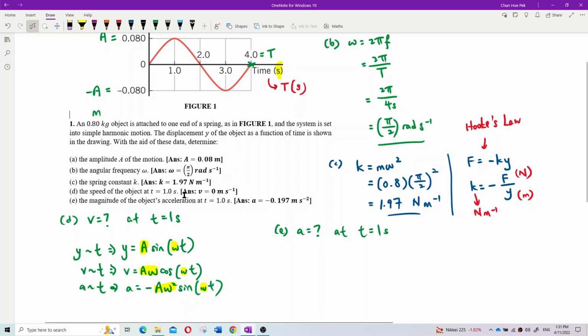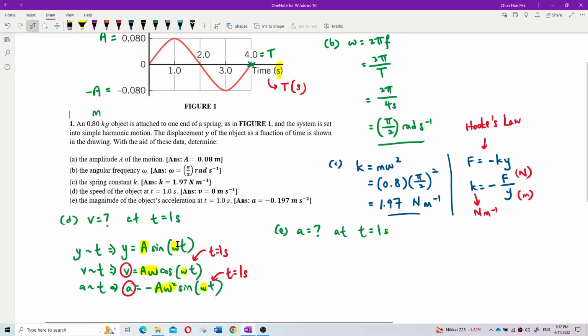At last, you put in the value of time equal to 1 second and you can get the velocity. For question E, you put in the time of 1 second and you can get the acceleration. That's quite a long way to do.